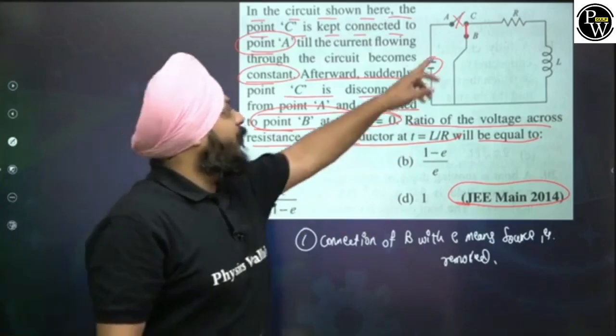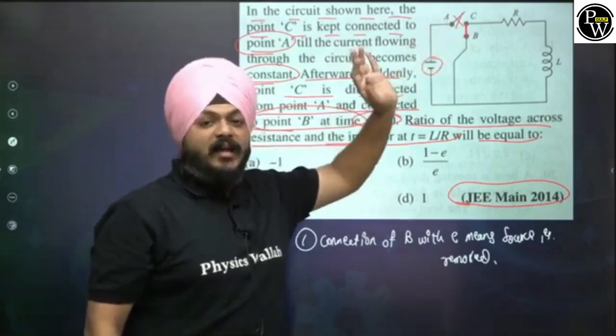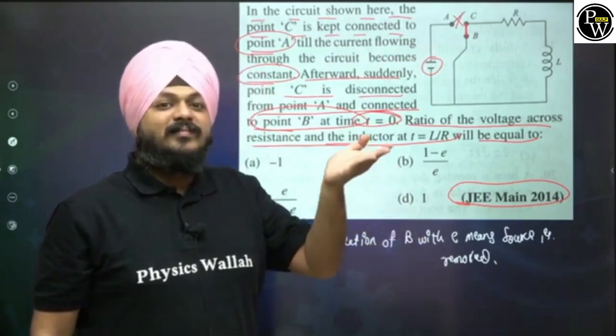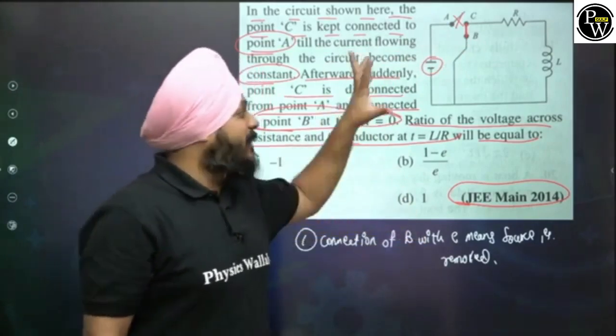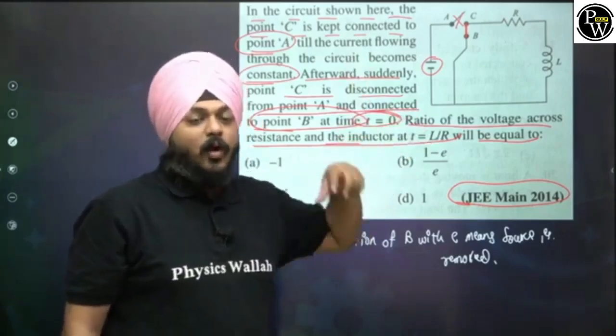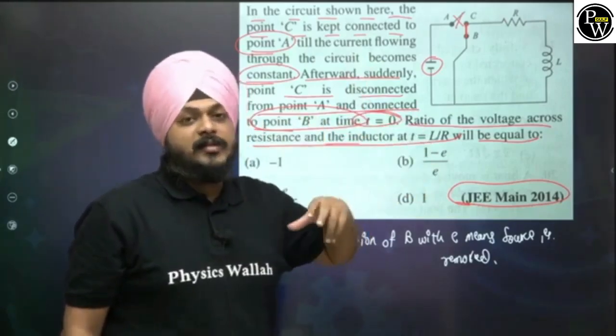So first of all, when it was connected to A, the current was rising. The entire sum is in the transient state, not the initial, not the steady.